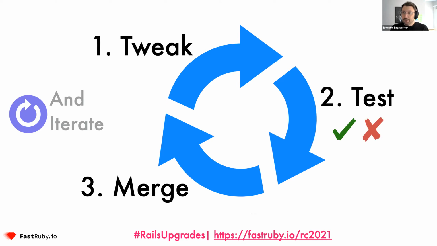And yes, this is a very simple process, and there's a very simple iteration process where you tweak it, you test it, you merge it, and you ship. And the good thing about having tiny PRs is that you can quickly revert them and ship them to production, because there will be problems along the way. And it's much easier to revert a tiny pull request than a huge version jump PR.